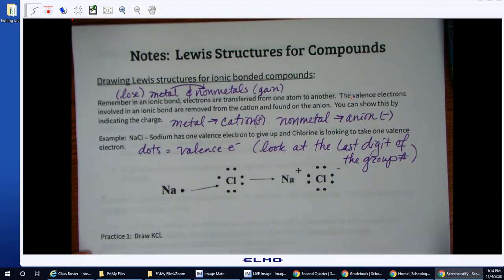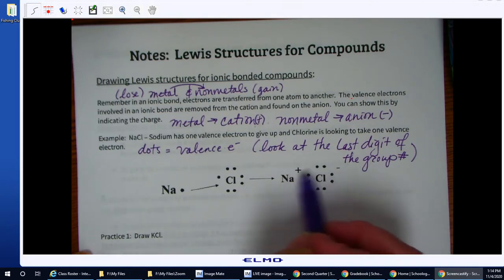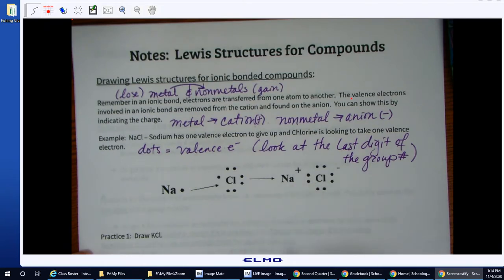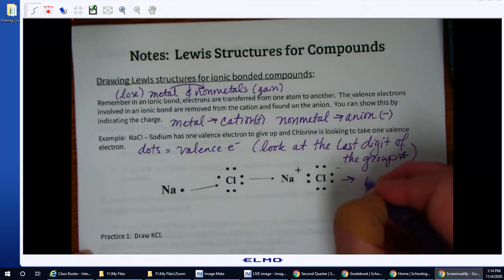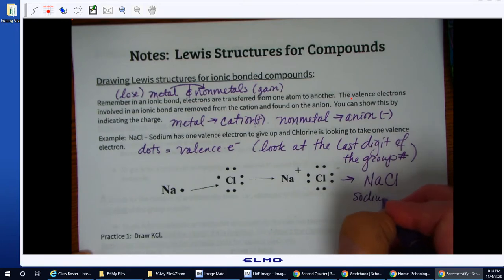And so it transfers seamlessly over from sodium to chlorine and forms this chloride ion and the sodium ion. They are electrostatically attracted, and so it actually forms a formula unit, specifically a compound. And so this will actually form NaCl, or sodium chloride.